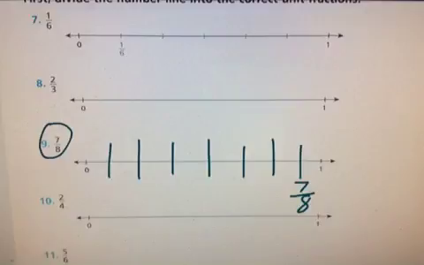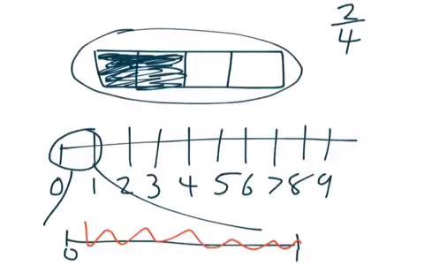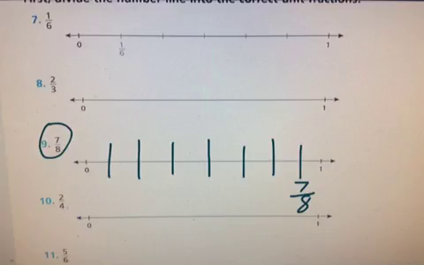Alright, so we're not looking at how many there are. On the fraction bar, that's kind of what we're looking for, how many are there. There's 2 blocks shaded in. On a number line, we're looking for the order. So which one is the 7th eighth of the number line? And this one is that.